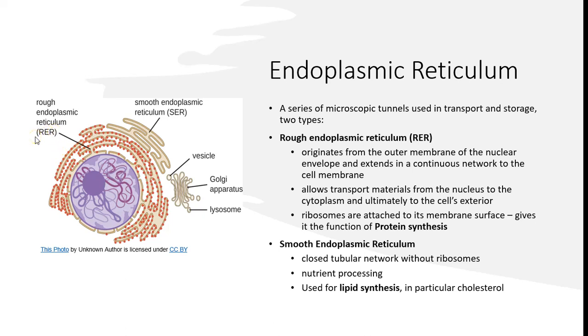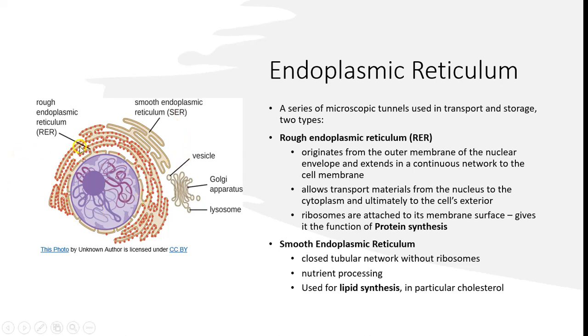The rough ER comes straight off of that nuclear envelope, the double membrane part of the nucleus, and it has this very intricate folding network of membrane structures. It allows for transport of material from that nucleus, from the nucleolus in particular, all the way out, potentially even to the exterior of the cell.